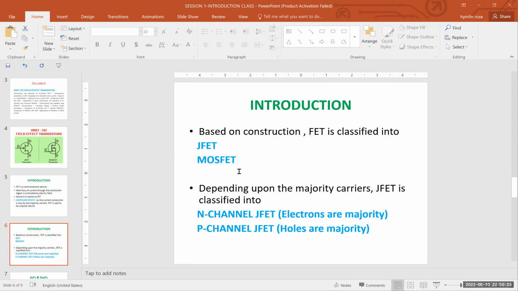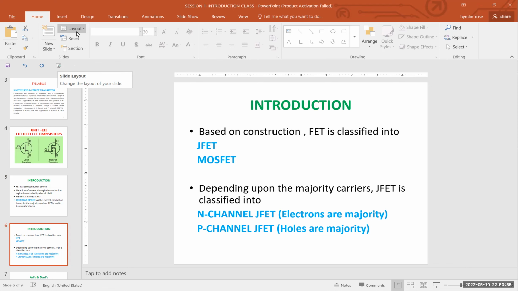The FET is classified into two types: generally, the junction field effect transistor and the metal oxide semiconductor field effect transistor. The junction field effect transistor is itself divided into two categories. The N-channel JFET, where electrons are the majority carriers, so only electrons take a major role in the current conduction.